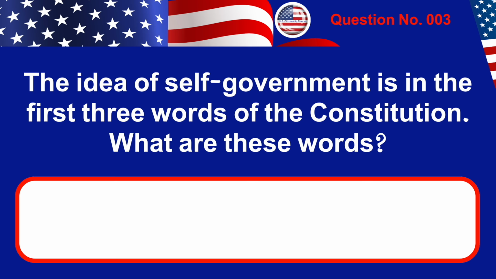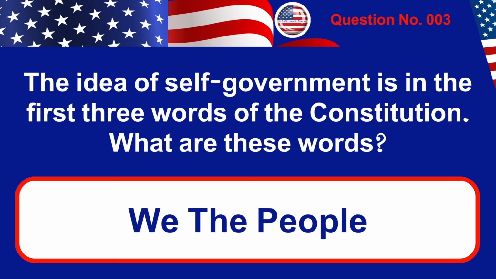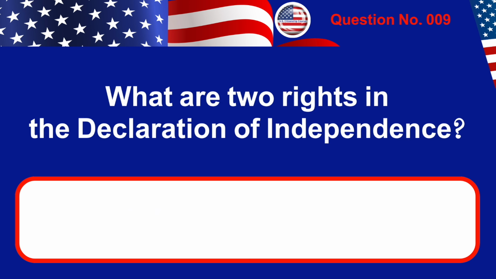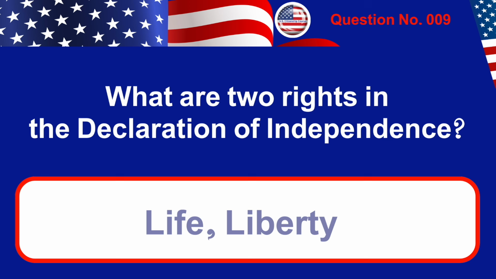The idea of self-government is in the first 3 words of the Constitution. What are these words? We the people. What are 2 rights in the Declaration of Independence? Life, liberty.